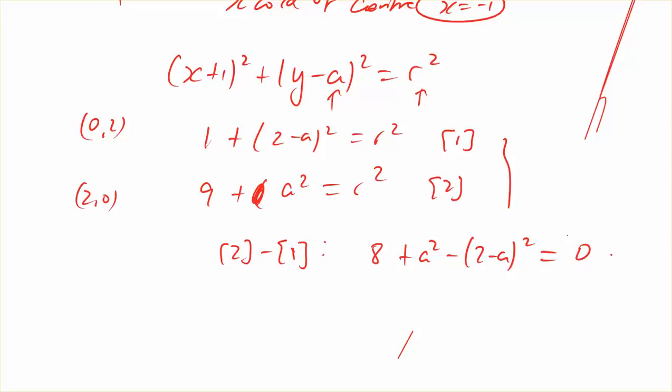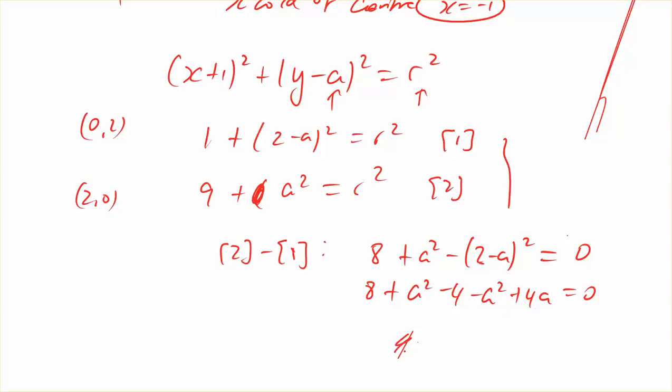Let's expand and solve this. When we expand the perfect square, 2 squared is 4, so you get -4 because there's a negative at the front. A squared becomes negative a squared, and the middle term is negative 4a, so it becomes a positive 4a, equals 0.